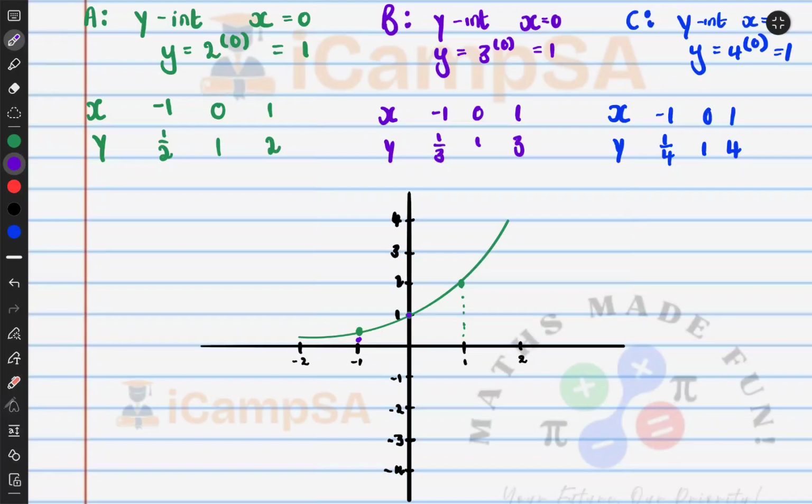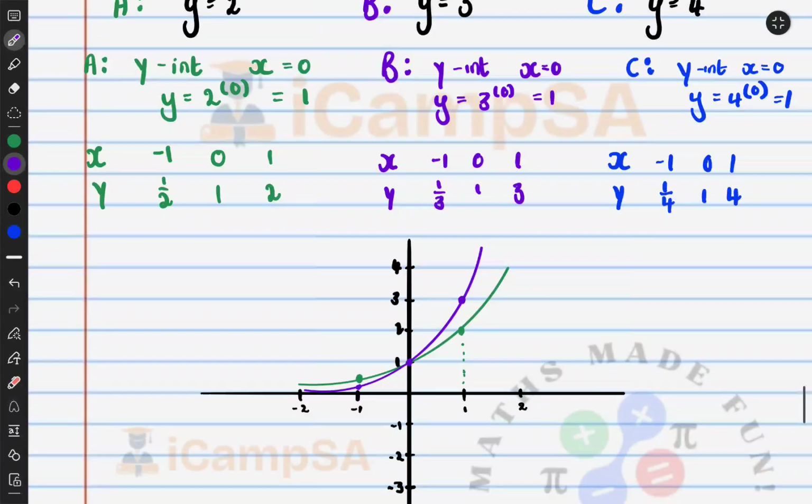And then we have the 0 and 1 there, and we have 1 and 3, that point there. Already you should be seeing something. You see that as we have increased the value of p, the function has become a little bit steeper.